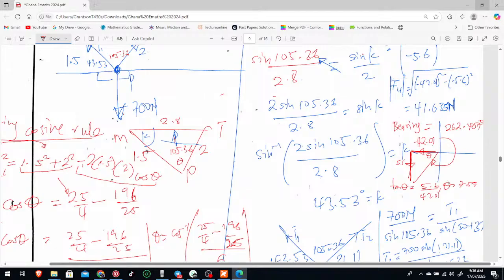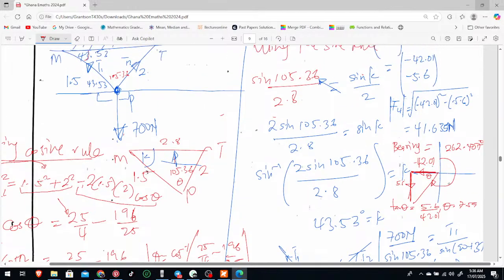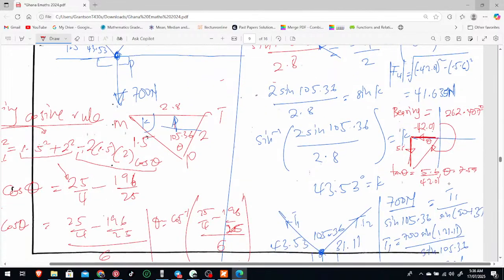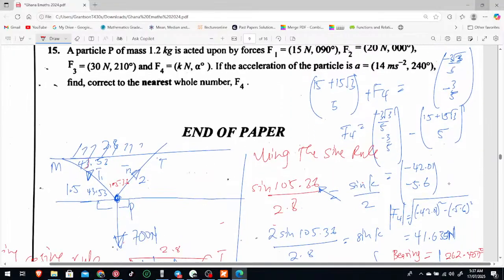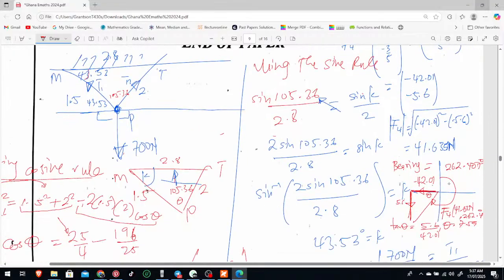So F4, I've written so many things here. Therefore F4 becomes 41.63 newtons at 262.407 degrees. I may not have space to write anymore. So that's the answer.